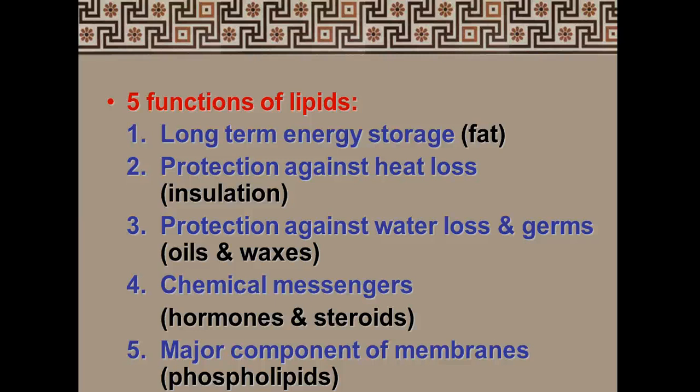We know that a lot of times fats give us protection against heat loss, but we probably haven't heard anything about oils and waxes being a protection against water loss and germs.